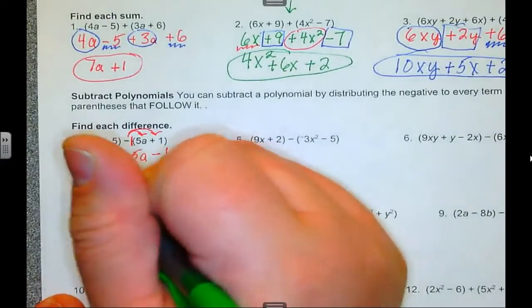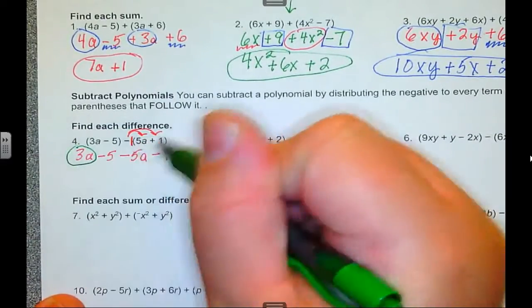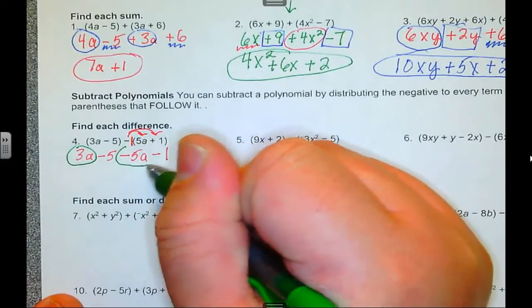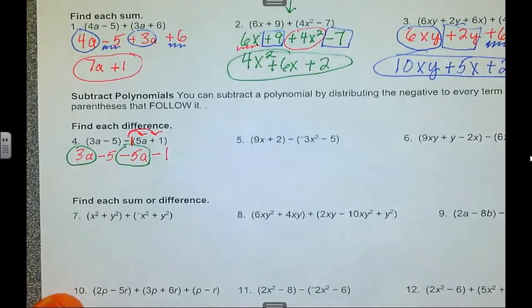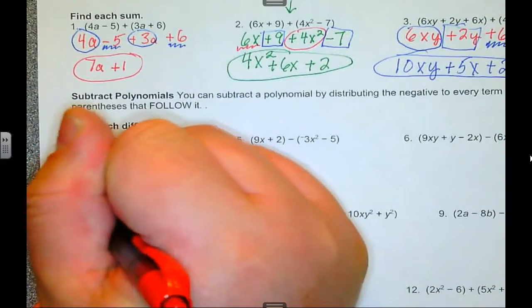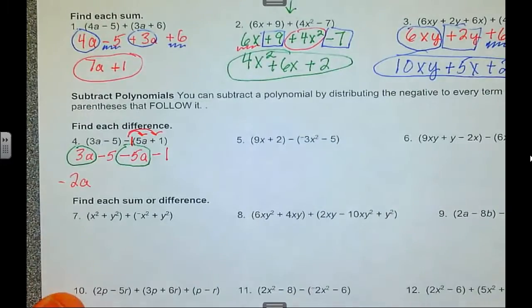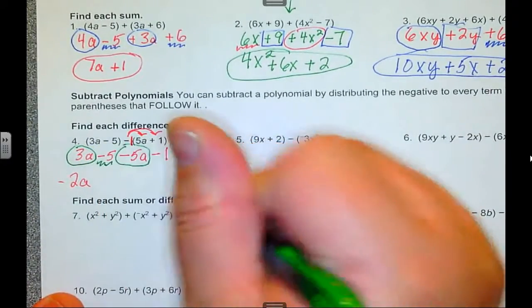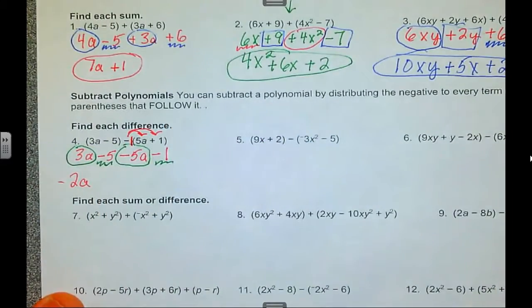Combine like terms. 3a, negative 5a, negative 2a, negative 5, negative 1, negative 6.